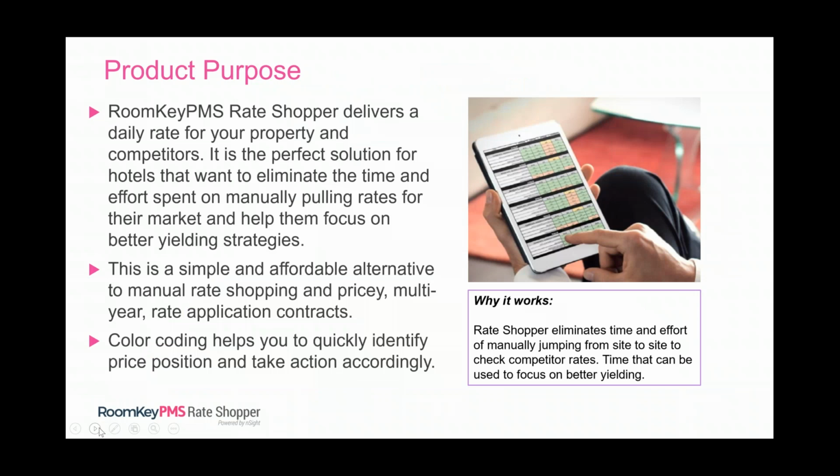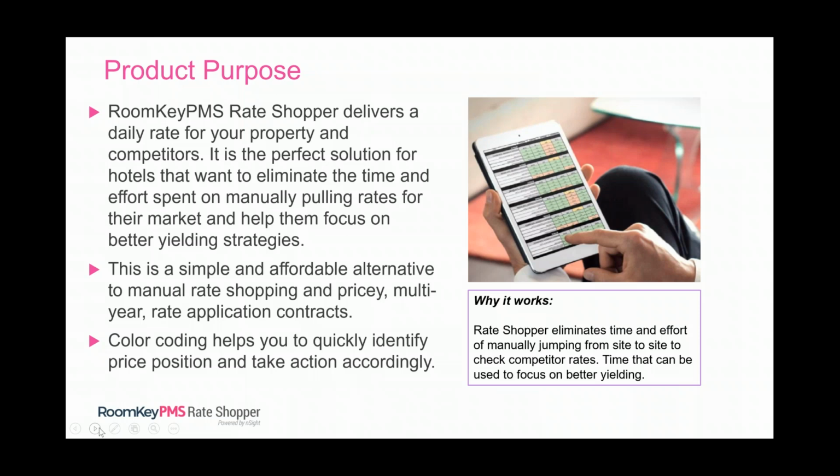So our product purpose is to eliminate the time and effort it takes of manually jumping from site to site to pull rates for future arrival dates for your competitors. So instead of going on to Booking and looking for the next month for rates for your competition or Expedia, we're able to pull all of that information for you and streamline it in an easy to use report.